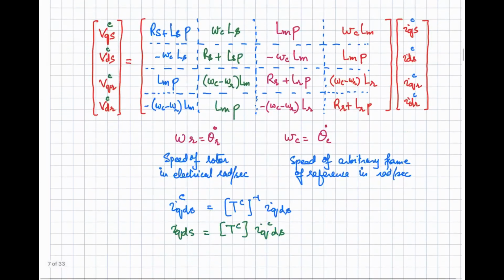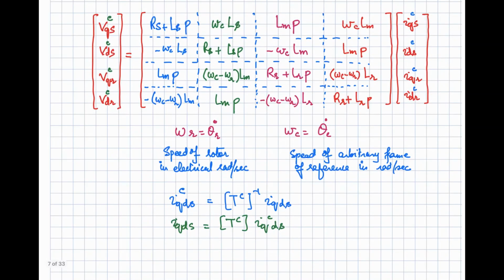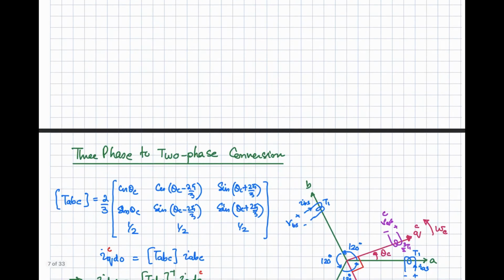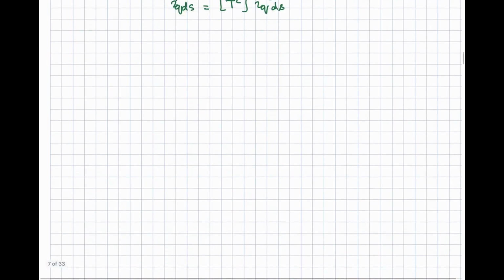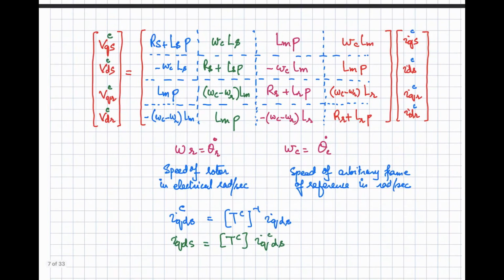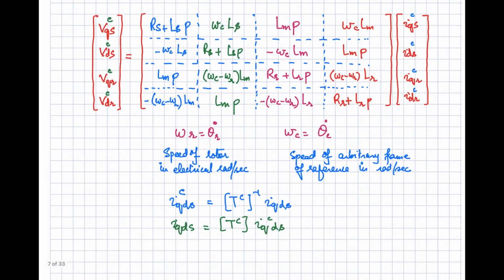So this is the set of equations that represents the induction motor model in the rotating frame of reference, rotating with some arbitrary speed omega c, right? Now from where are you going to get these quantities, IQS, IDS, IQR, and IDR? For that you can refer back to the videos we discussed last week related to the transforms.